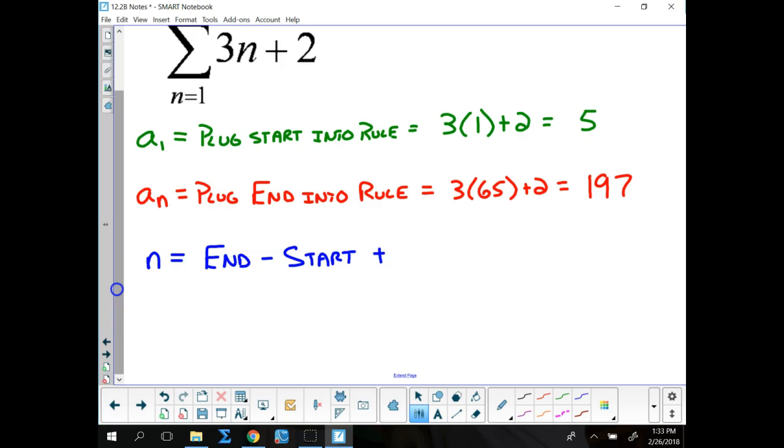Not subtract 1, add 1. End minus start plus 1. So in this case, it would be 65 minus 1 plus 1 is 65.